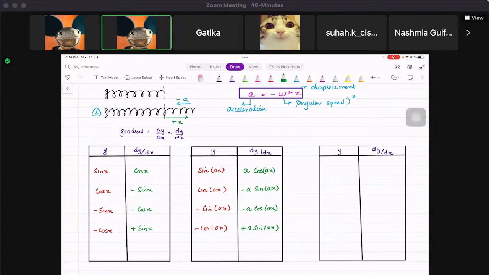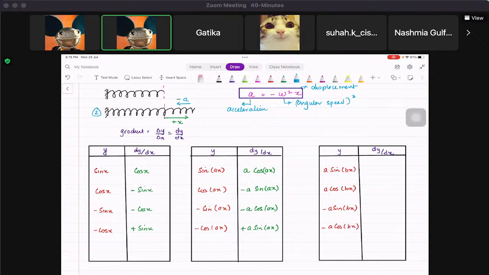Okay, now if a function is like, suppose, a sine bx, and then it's a cos bx, and it is minus a sine bx and minus a cos bx. So what you're going to do is multiply.